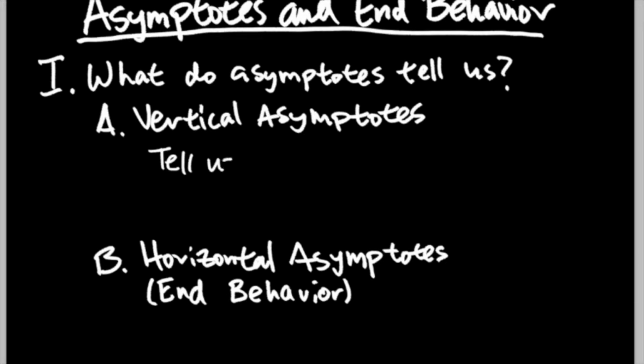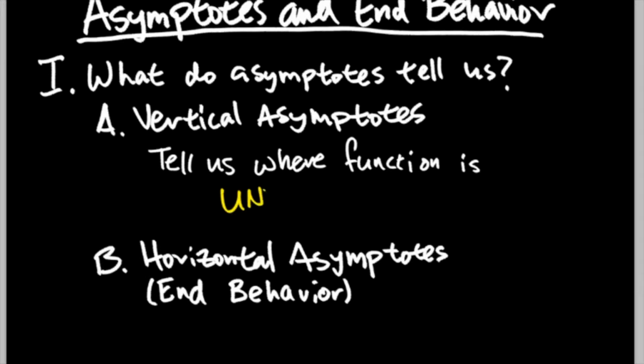Well, what they tell us is where the function is undefined. So I'm just going to spell this out for us. It is where the function is undefined. So what does undefined actually mean? Well, it basically means that the function makes no sense there, whether it be dividing by 0, a negative log, or something like that. Something that literally does not compute.